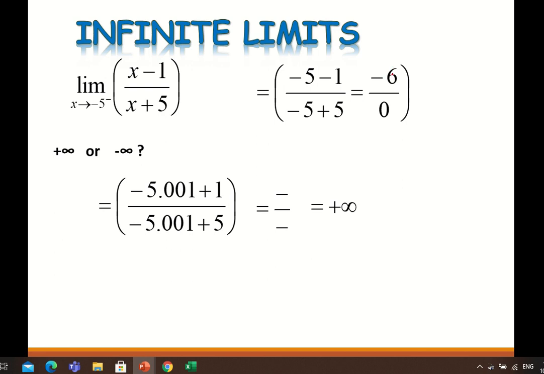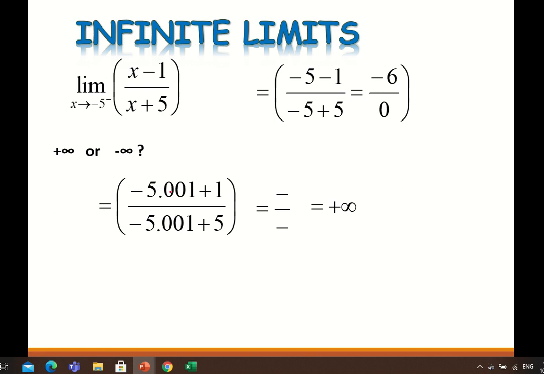Okay, so minus 6 divided by 0, that is undefined, does not exist, and we represent that as infinity. Okay, and we use this value to get a glimpse of what is the overall result of this.